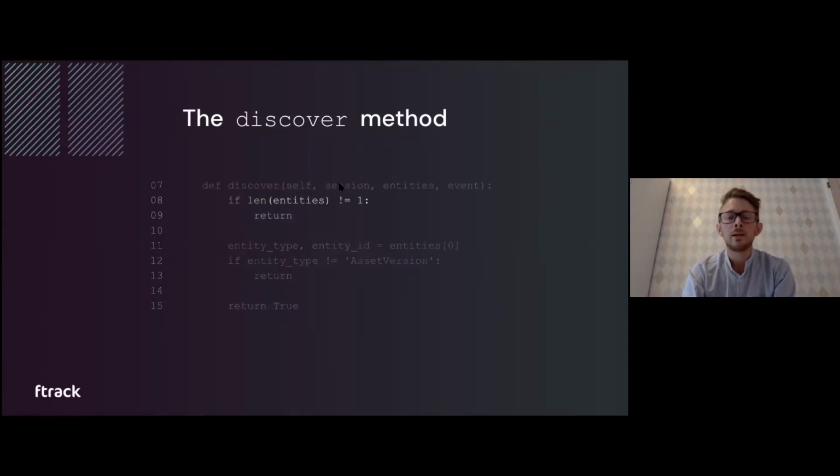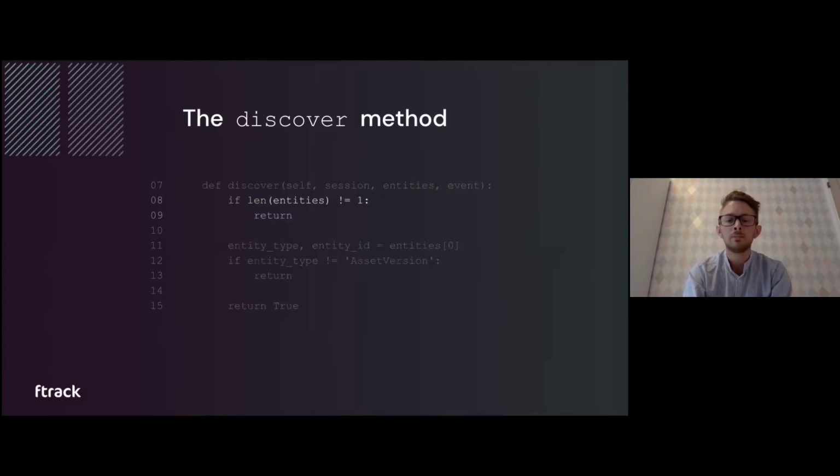In this case, if I highlight those two rows here, I'm just looking at the length of that array, because this is an array that is passed in. And if it doesn't have a length of 1, then it just returns, which means that it won't show up in the web interface unless only one single item is selected.